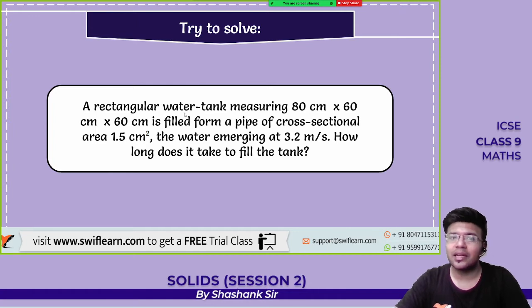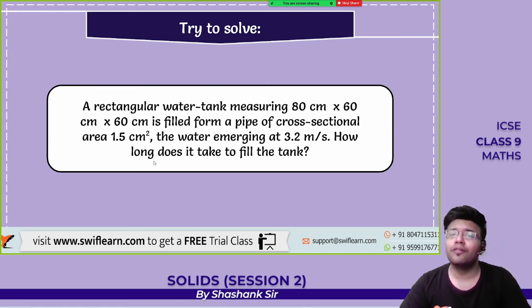A rectangular water tank measures 80 centimeter, 60 centimeter and 60 centimeter, and is filled from a pipe of cross sectional area 1.5 square centimeter. The water emerges at 3.2 meters per second.